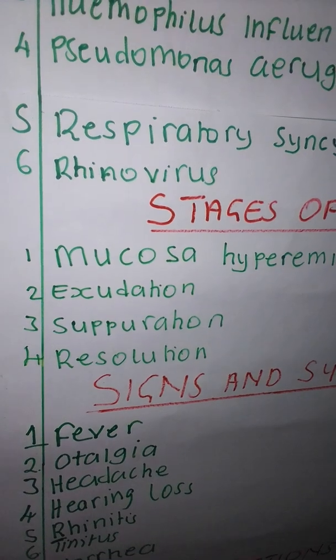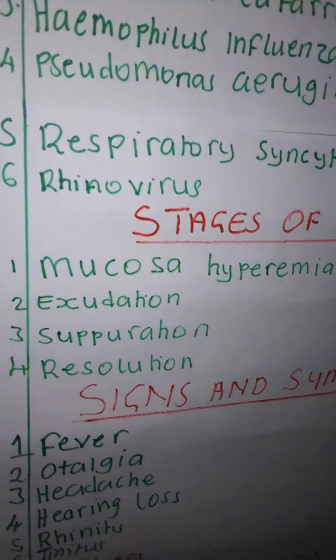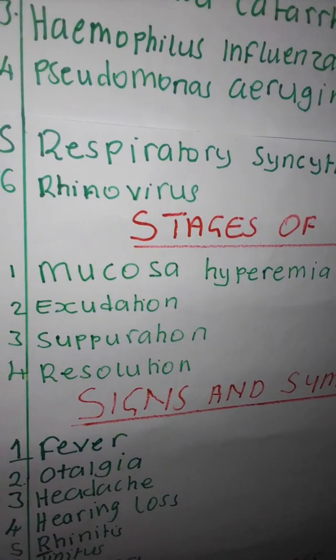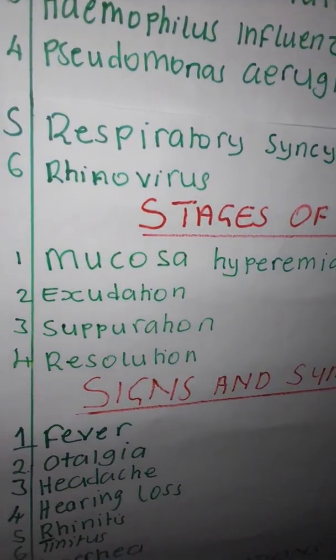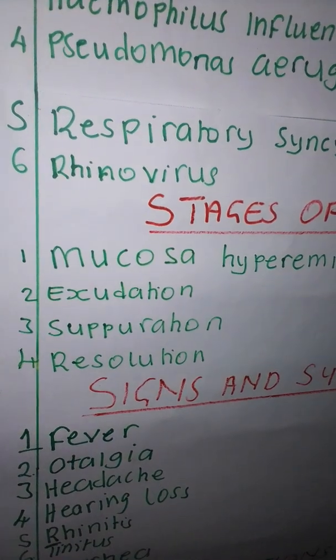Then the second one is exudation. In exudation, the tympanic membrane becomes more thickened and bulging, resulting in conductive hearing loss, pain, and low-grade fever. The third one is suppuration.